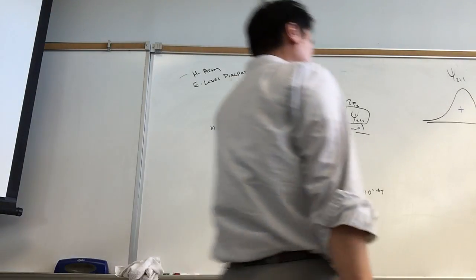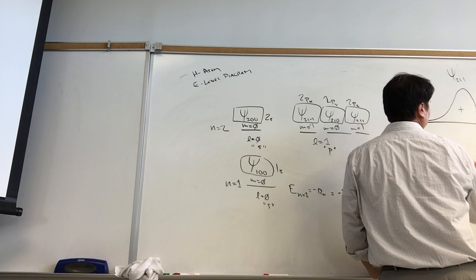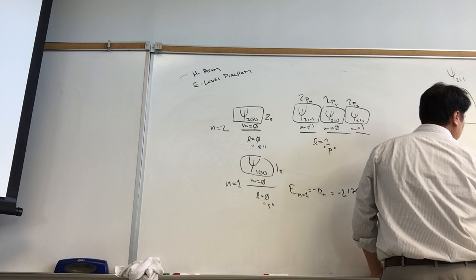Then we'll square this to get the probability. So we'll get psi squared 2,1,1, which is going to look like this.